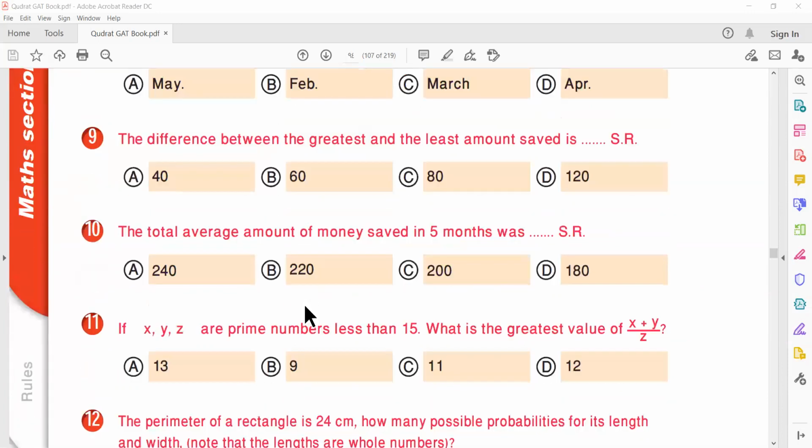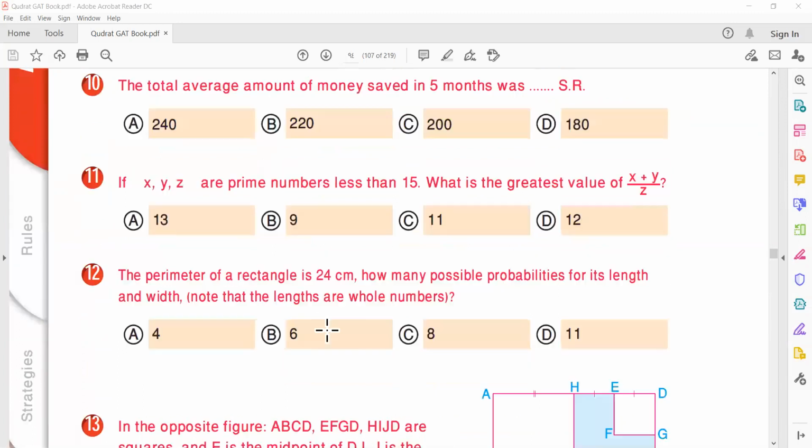Good. Now, number 11. If X, Y, and Z are prime numbers, do you know what that is? What is the meaning of prime numbers? You know, like 2, 3, 5, 7, 11. Is 9 a prime number?